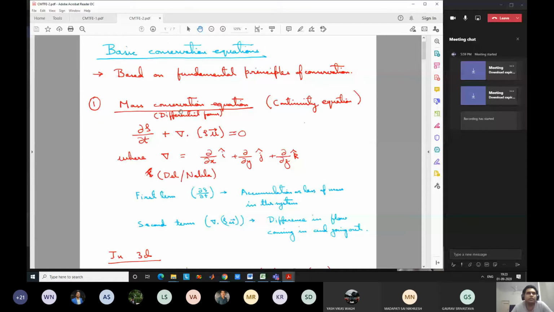Mass conservation is also a fundamental principle. We are going to ignore that mass can be converted to energy, like in nuclear problems. We will assume that mass is conserved, with no change of mass into energy or energy into mass. For normal engineering applications, it is not required. The change of mass is so small that it is trivial, so it is not so important.